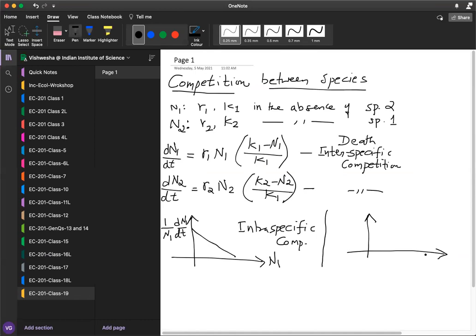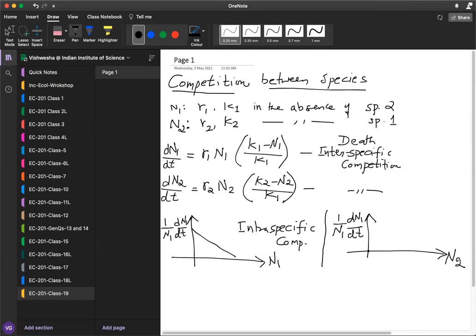What should be the x-axis? The y-axis can be the same and the x-axis can be N2. Exactly. The y-axis, because I'm still interested in writing an equation for N1, of course we can do N2 later on. And now we want to know the effect of N2 on this.